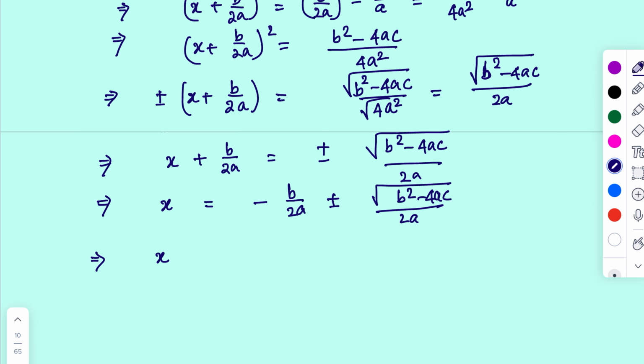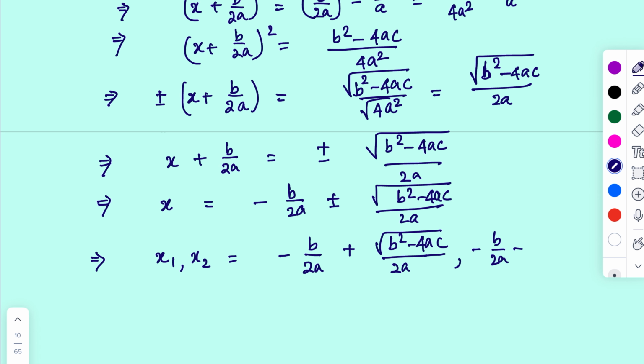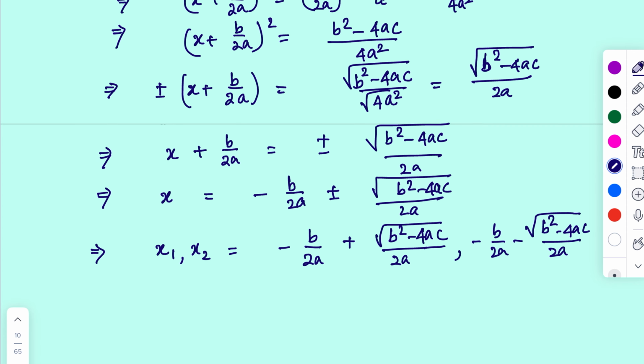So x will be having two values. One is x1 and another one is x2. That is minus b by 2a plus square root of b square minus 4ac by 2a, and another one is minus b by 2a minus square root of b square minus 4ac by 2a.